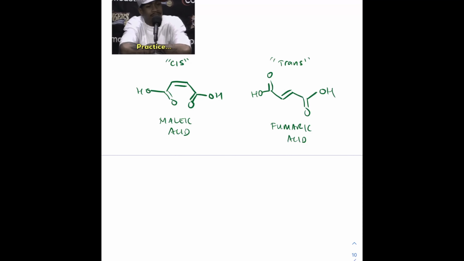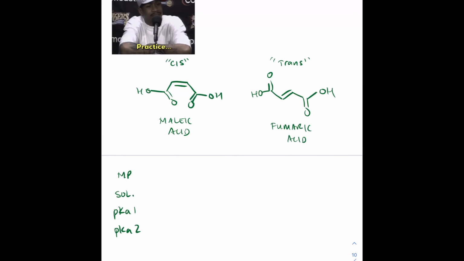So the three-dimensional orientation of this molecule is different, and so their melting point, their solubility, and their pKa's of each of the acidic protons are different. There are 2 protons that are acidic in each of these molecules, so it has 2 pKa's.